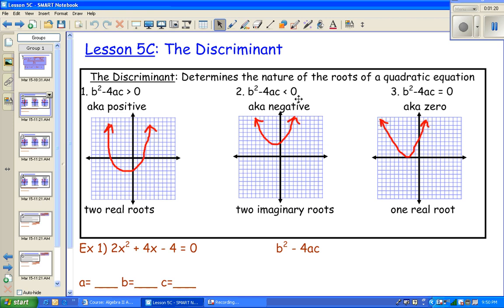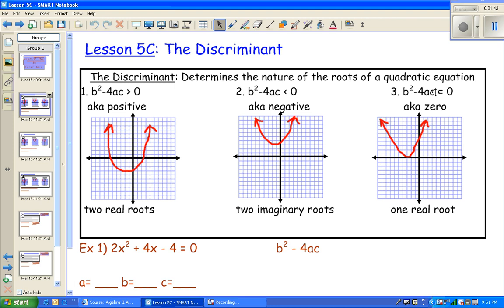If your discriminant is less than 0, meaning negative, it means the graph is not going to cross the x-axis at all. It could be either up here, or it's possible that it would be down here facing down. But at no point is your graph going to cross the x-axis, which means your two answers would be imaginary roots. They're part of the complex or imaginary system.